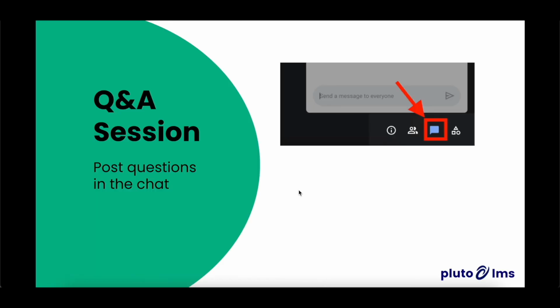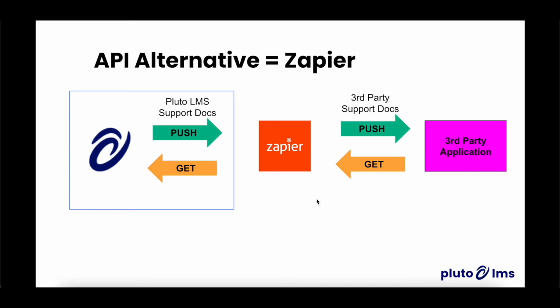Great. Another question. What if the third party does not have API functionality? Great question. So again, going back to this sort of visualization, you can look at the third party as the API, but if they don't have it, then that obviously becomes an issue.